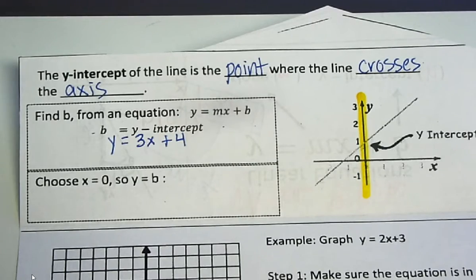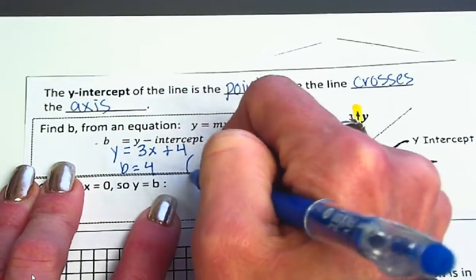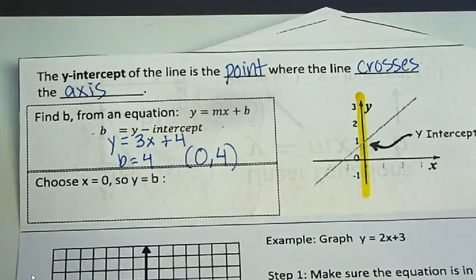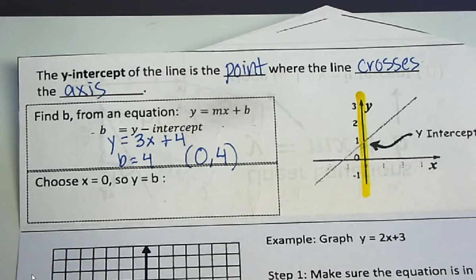So b would be equal to 4. So our y-intercept is actually (0, 4). A lot of times people want to say the y-intercept is just 4, but the most technical, the best way to read the y-intercept is to give the (0, 4).